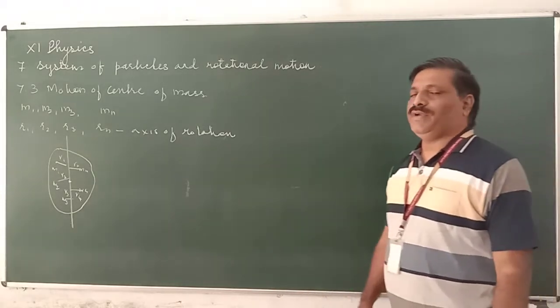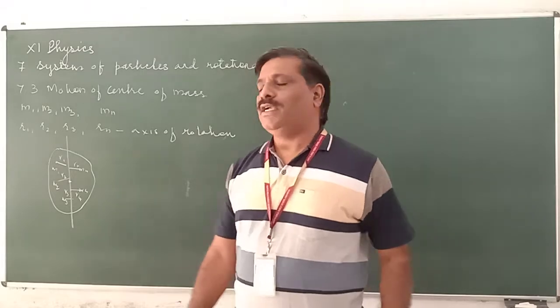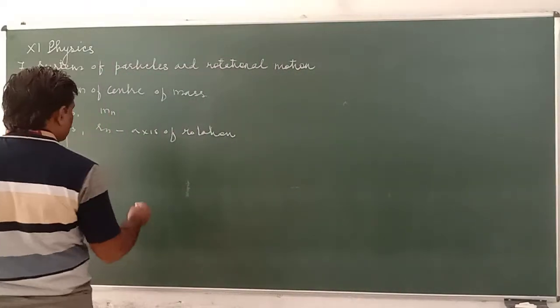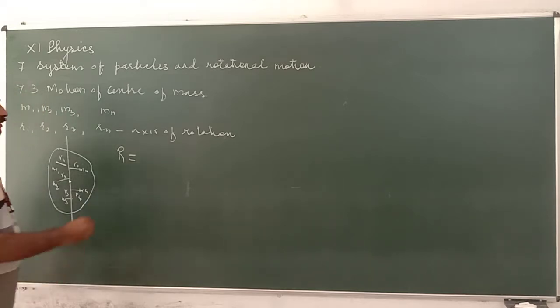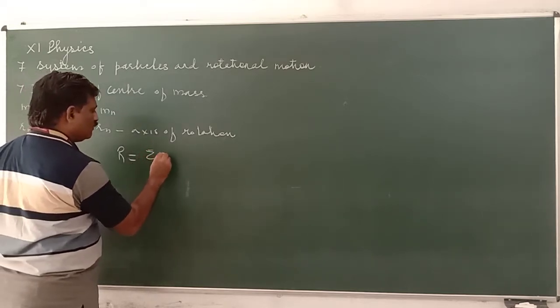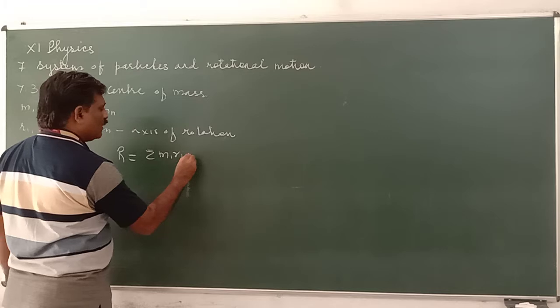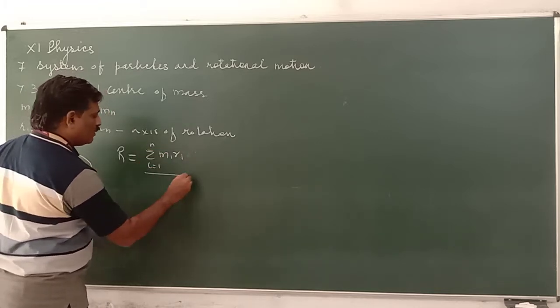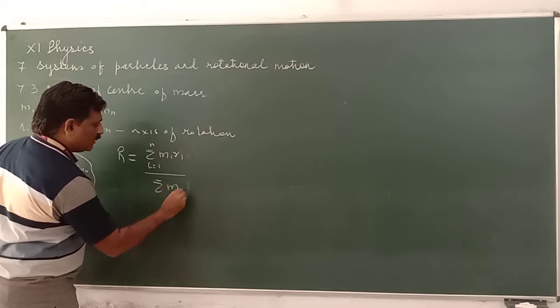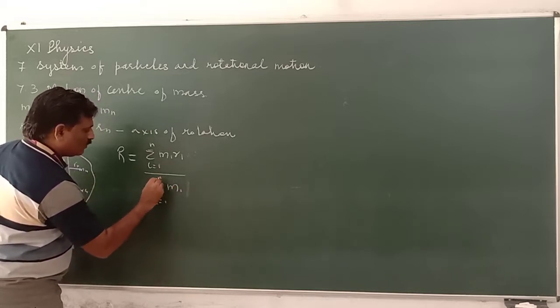In this case, we have defined center of mass as R, which is given as summation mi ri, i goes from 1 to n, divided by summation mi, i goes from 1 to n.